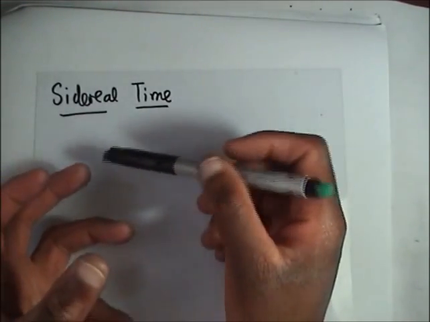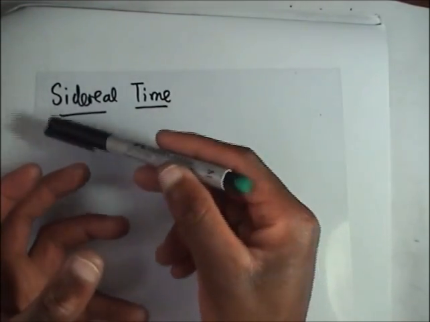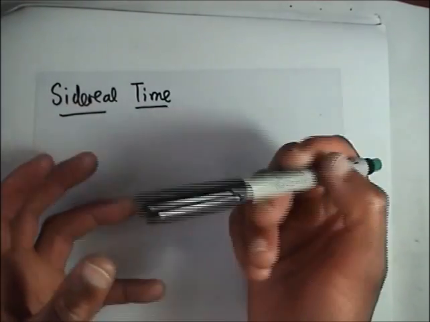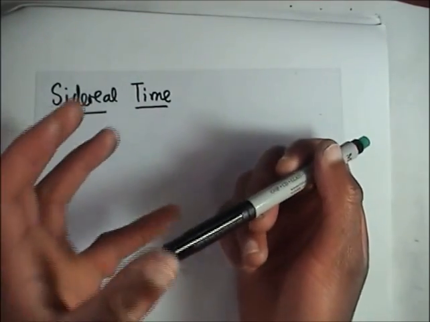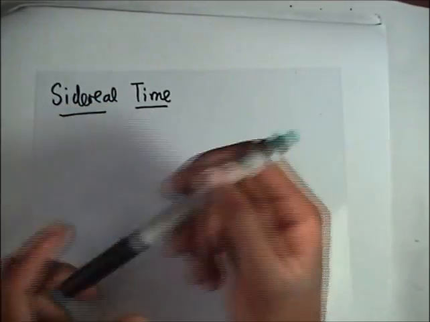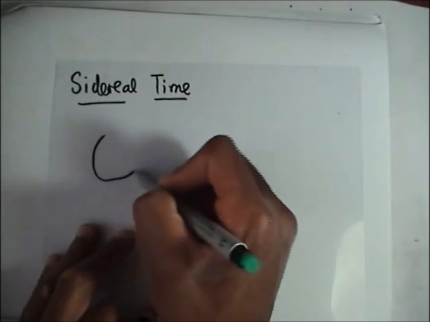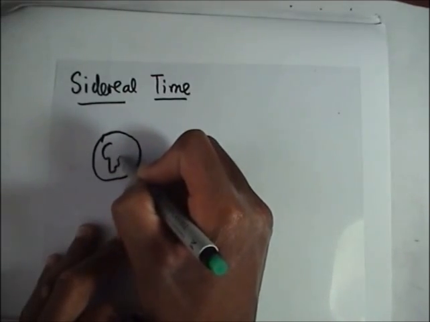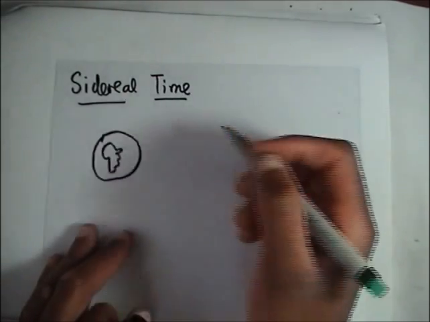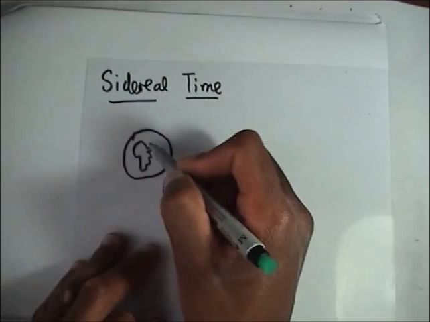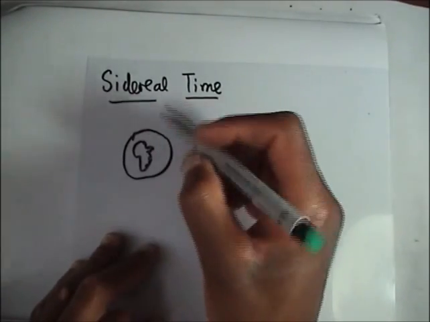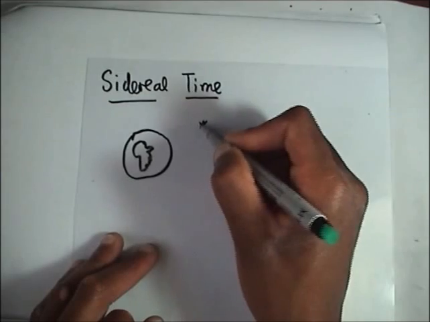As it is rotating, the stars that are on the celestial sphere appear to be rotating uniformly about the celestial sphere axis in the opposite direction. Imagine this is Earth, and this is our nice Africa. Imagine there is a star here.